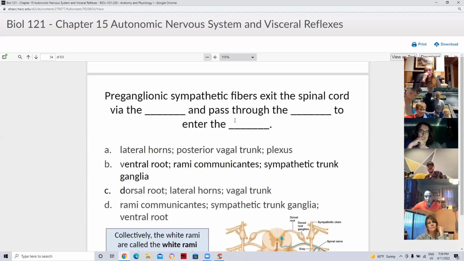No, it's not A. Bear with me. Let me think for just a second here. No, it's not A. The lateral horns are not where they're going to exit. They're actually going to exit via, it's not listed here.